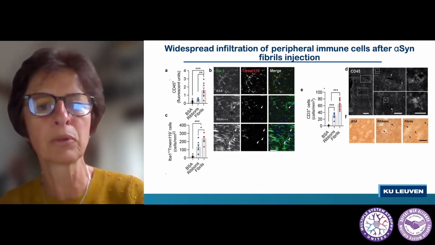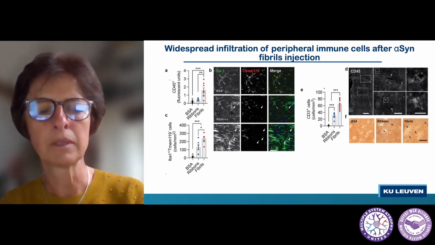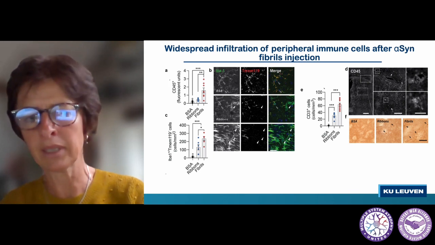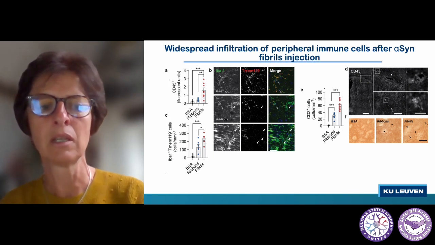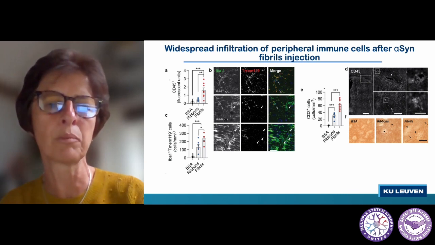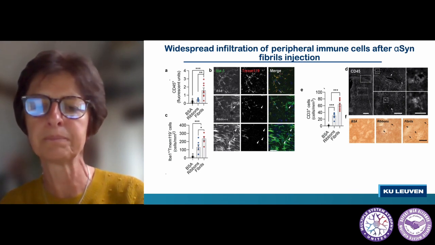And then if you do a staining of IBA1, which is negative for TMEM119, a marker for resident microglia, you would actually stain the infiltrating macrophages. We can see that there's a clear induction of infiltrated macrophages in the fibril condition, also to a lesser extent in the ribbon condition, but certainly much less in the BSA condition.